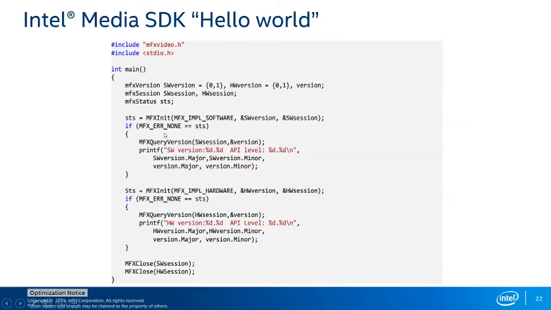Here, this is showing initializing two sessions. The first one software, the next one hardware. In a real application, you'd probably use the MFX_IMPL_AUTO_ANY or hardware any implementation, probably trying to start with hardware first and then fall back to software if hardware isn't available.